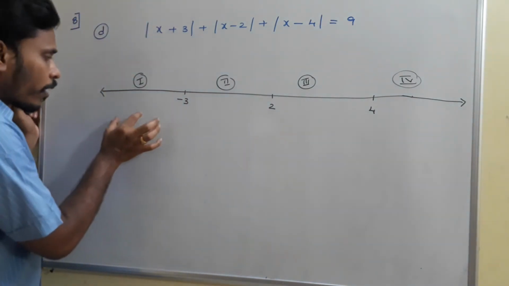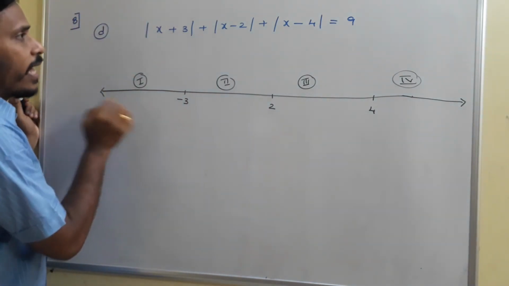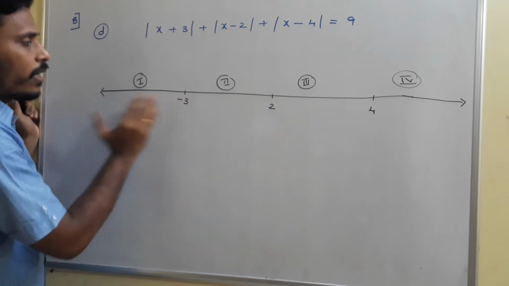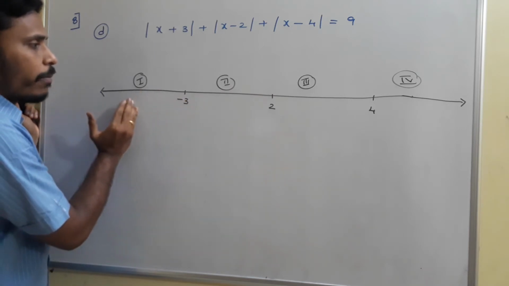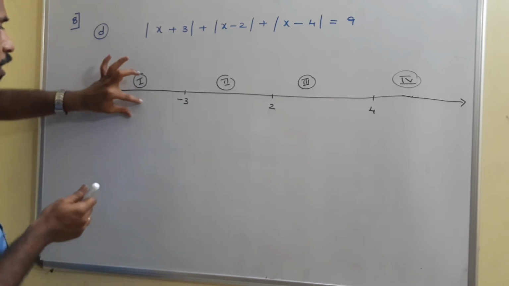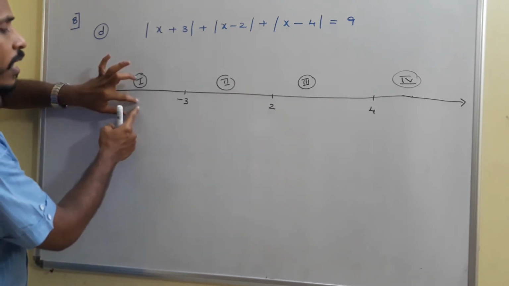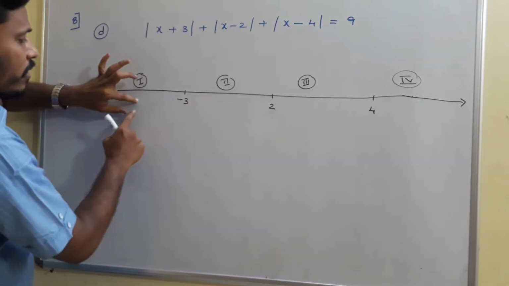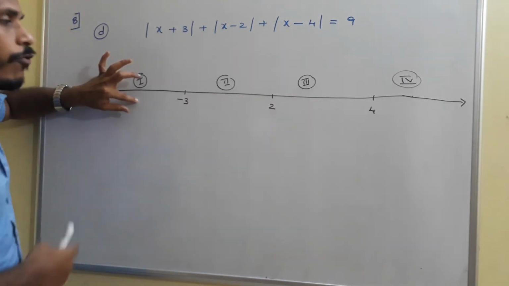So in the first region, x is less than minus 3. So x is completely on the left side. Since x is less than minus 3, x is on the left side of minus 3, on the left side of 2, and on the left side of 4 also.